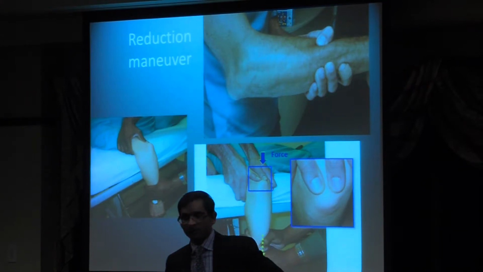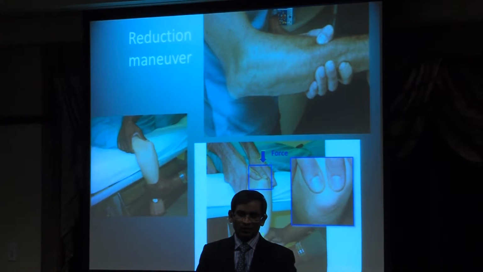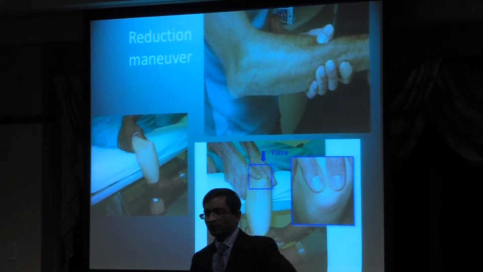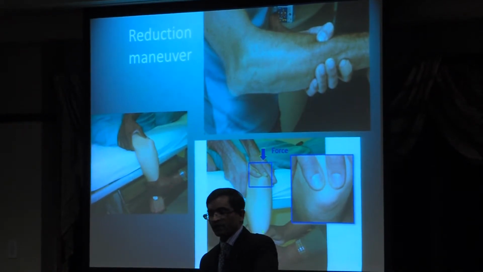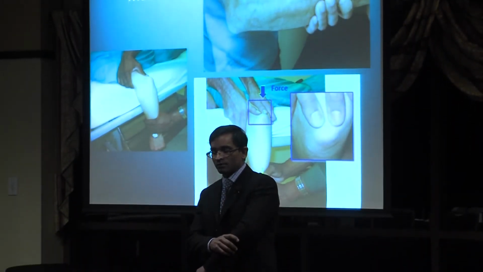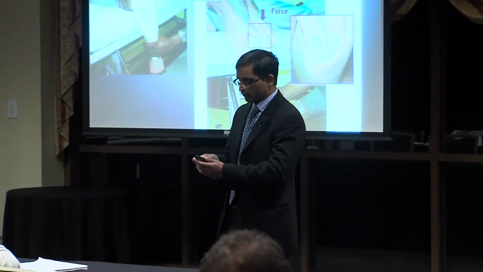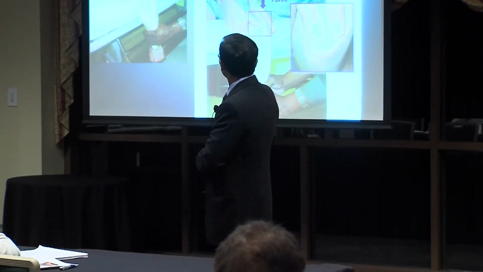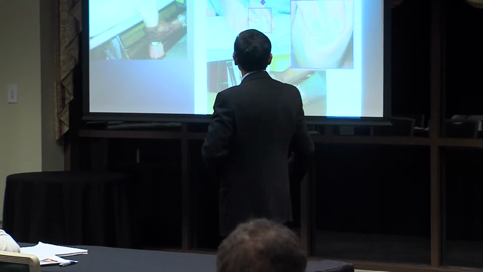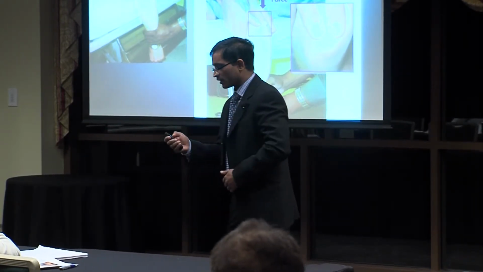So the dislocation reduction maneuver is, you can either have them lie down prone by the edge of the bed, giving gentle traction to the forearm, with another person trying to milk the tip of the olecranon, like it's been shown here, to jump it over the trochlear bone.